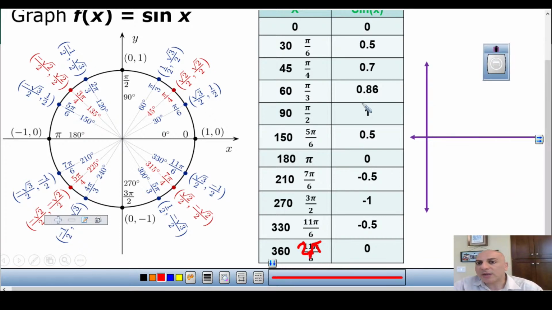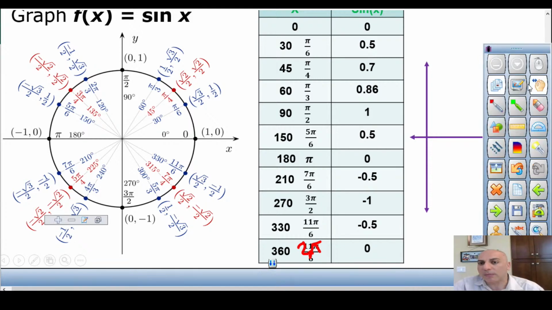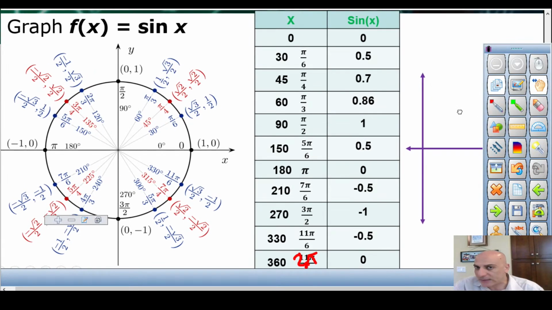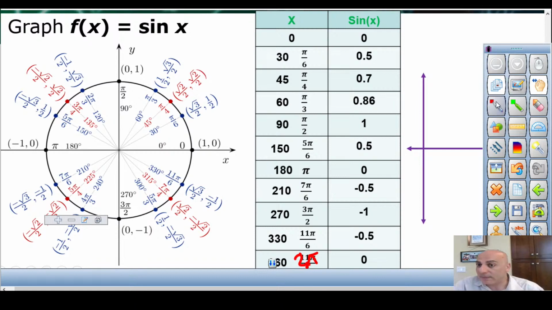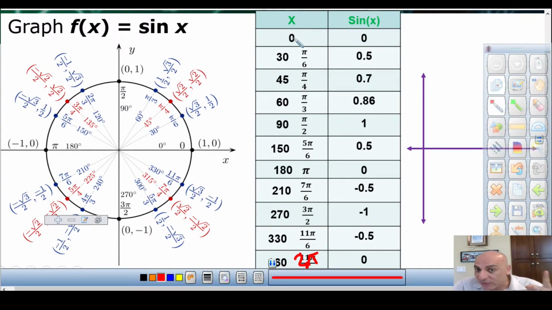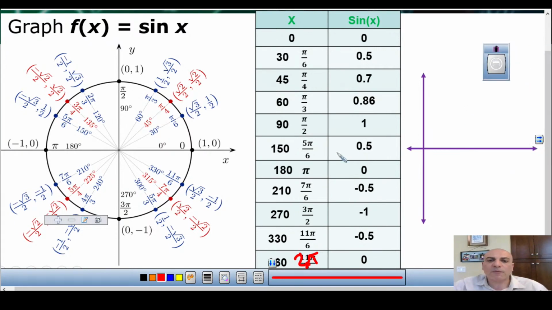Anyways, the point I'm trying to make is this is a table of some values, I shouldn't say all values because that doesn't have all values, by the way. I have 0, I have 30, I have 45, 60, 90, 150, 180, etc. And you could see the points are 0.5, 0.7, 0.86, 0.5, negative 0.5, etc. So if you were carefully graphing this, I bet you will end up with this graph here again.